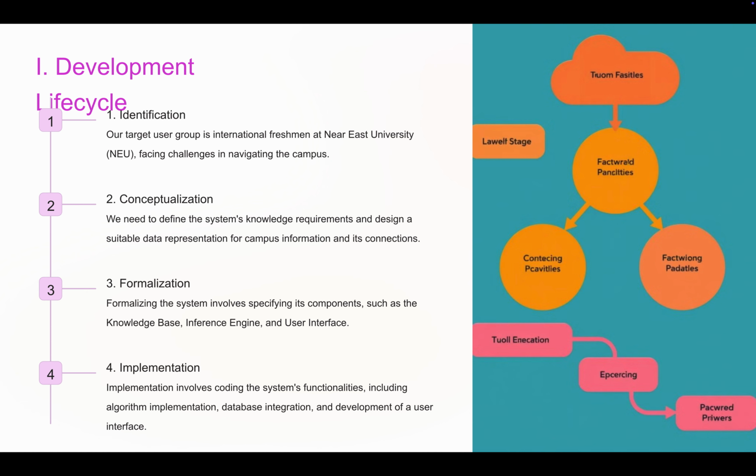For conceptualization, we need to define the system knowledge requirement and design a suitable data representation for campus information and its connection. For the first point, we identified all the components at nearest university: buildings, facilities, and all kinds of students.